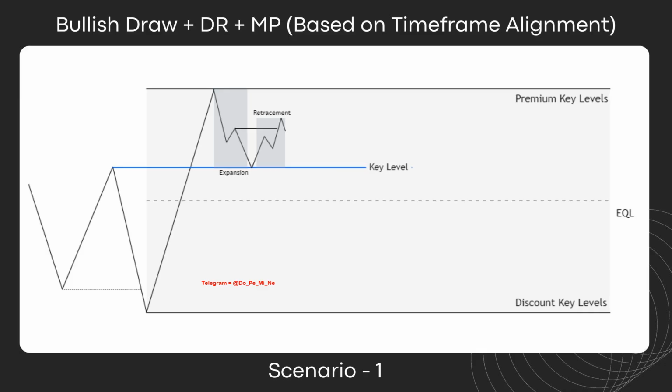Even with a key level, we're just going to expect a retracement instead of a reversal, because we've combined it with higher time frame dealing ranges and higher time frame premium and discount, which have given us a further filter to our understanding of price movements and markets. So you can see we've added a more advanced filter to it, and you're building an advanced narrative, because first you would have expected a reversal and price might have stopped you out, but now you would only expect a retracement.